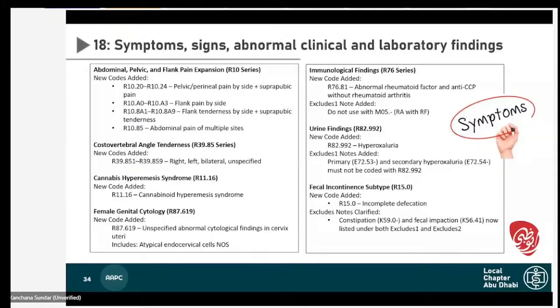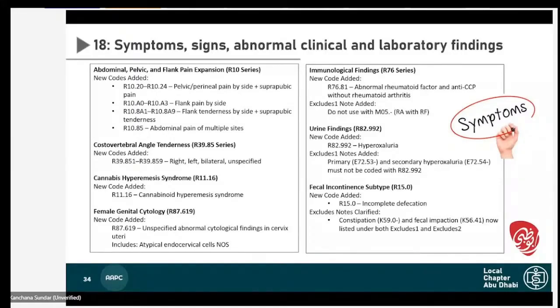So you will be able to recollect hyperoxaluria primary and secondary. And when it is not specified, that is when we have to code R82.992, a symptom of urine findings, hyperoxaluria.